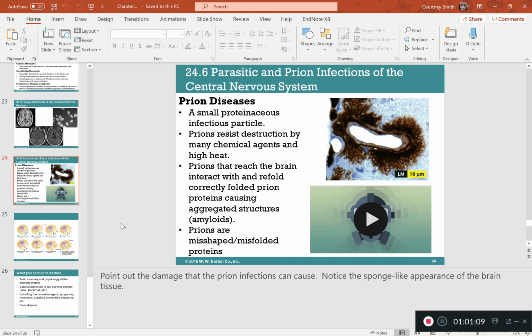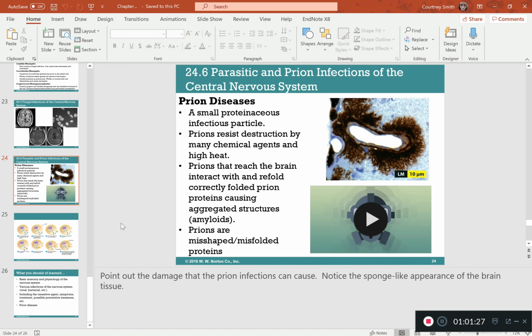What will happen is that if a prion disease is contracted, it will cause misfolding of your proteins. With those proteins being misfolded and not in their original conformation, they will not function.